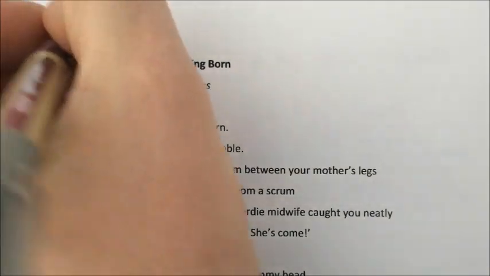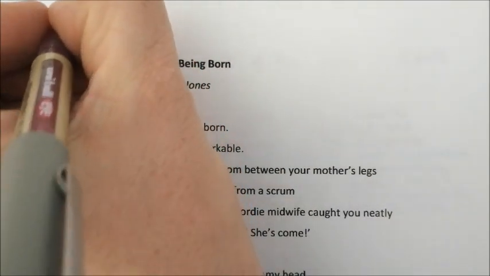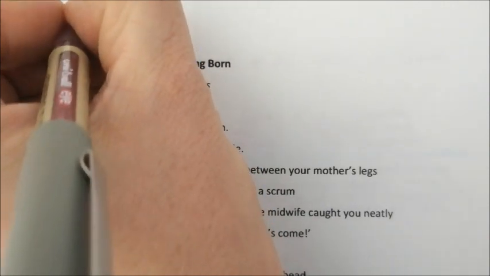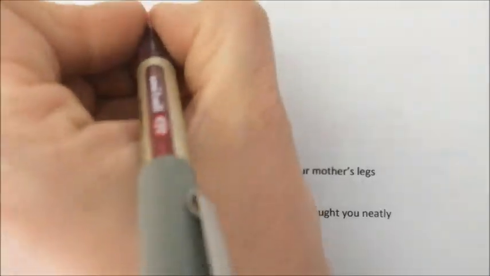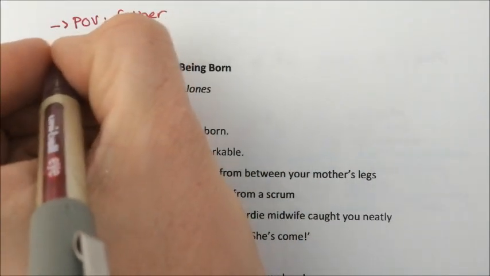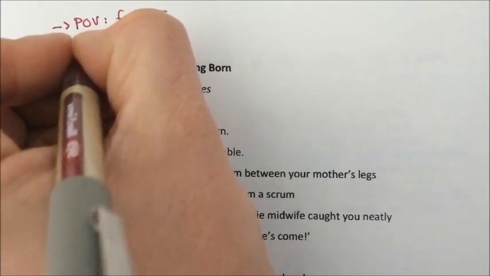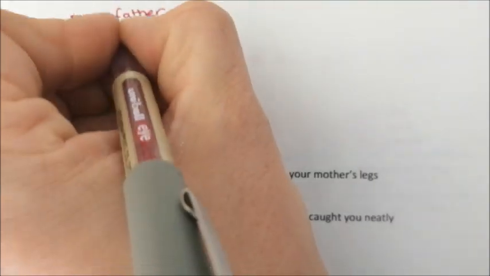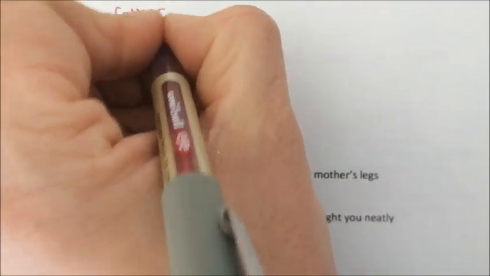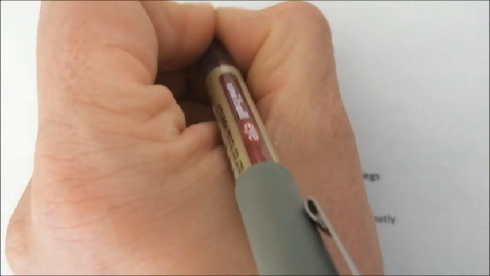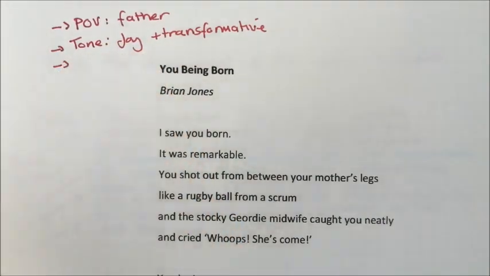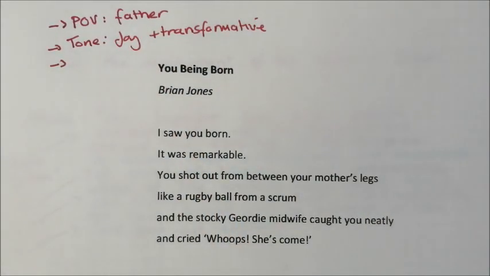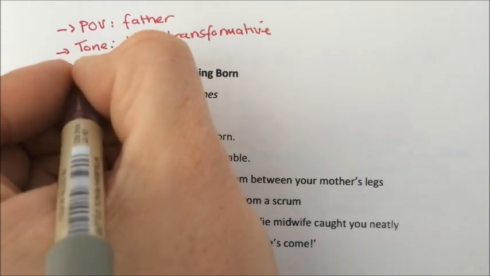So we can be really clear when we say the point of view: father. We can really be clear when we talk about the tone. We're really clear that that is joy, and that it's transformative. He changes. His life is no longer the same. And also we know what's happening is he's actually witnessing it. He's telling the story of witnessing this birth.